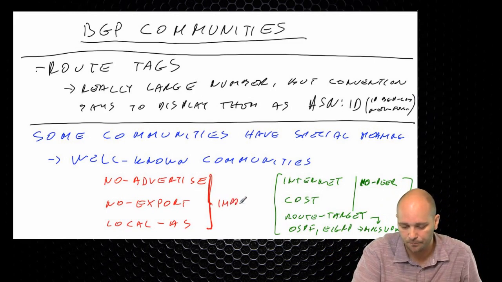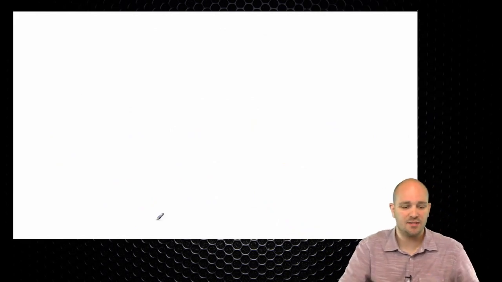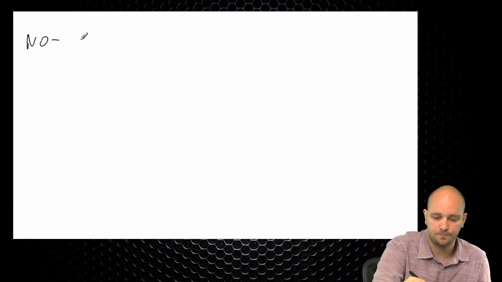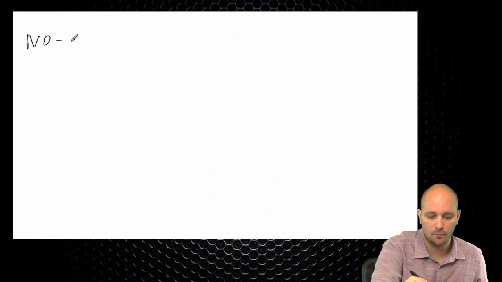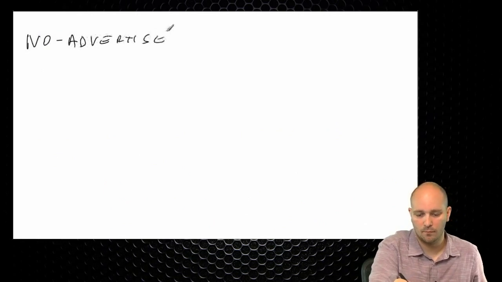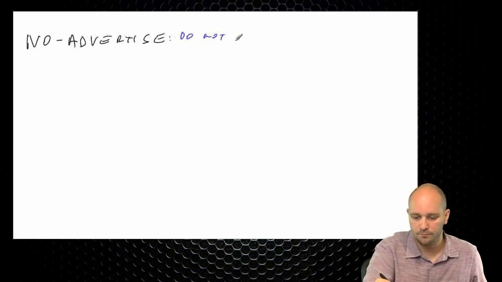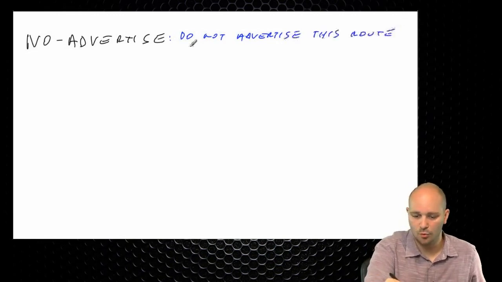So these are the important communities. Let's take a look at these three. No-advertise is a very, very simple community. Do not advertise this route to any peers.